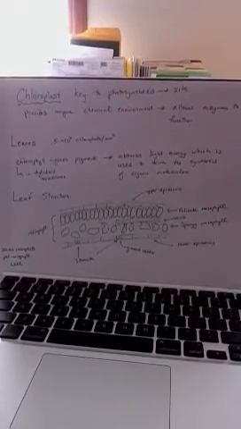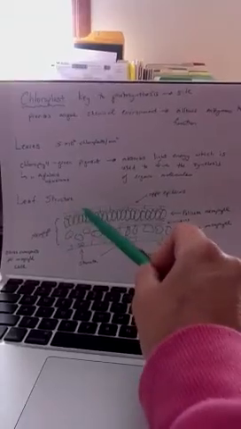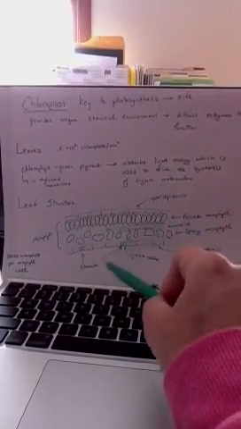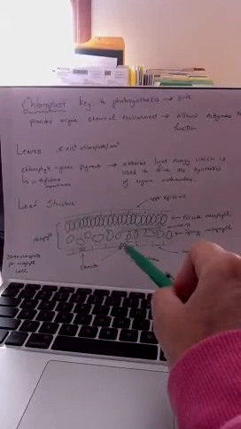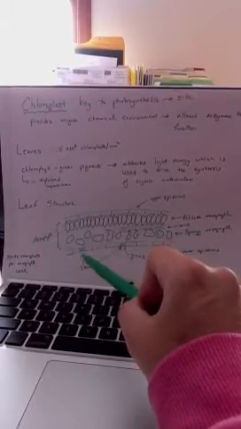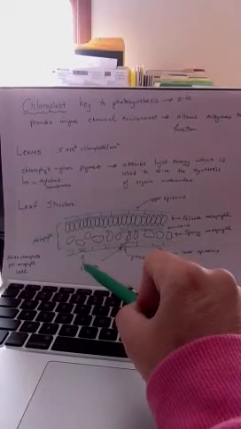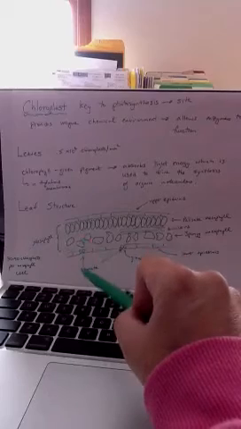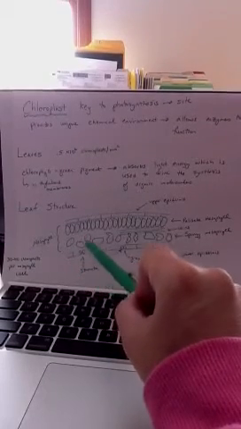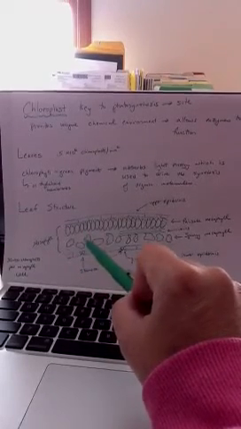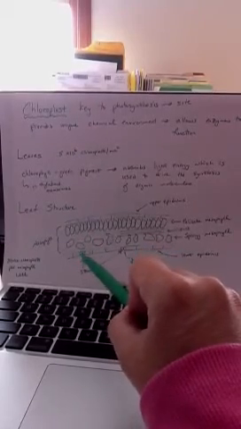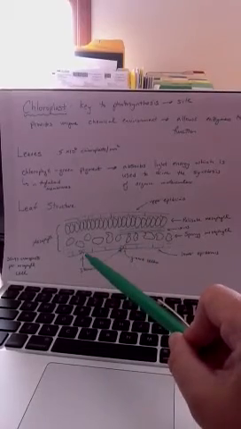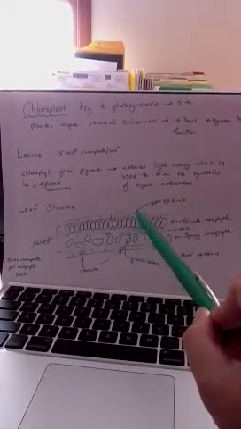The structure of a leaf has an upper epidermis and a lower epidermis, and it's the lower epidermis that includes the stomata, or the holes where gas exchange occurs. So oxygen is released out of the leaf, and carbon dioxide is taken in by the leaf. So this is the site where that exchange occurs, at these stomata.